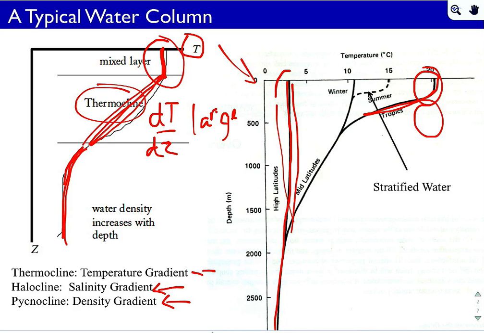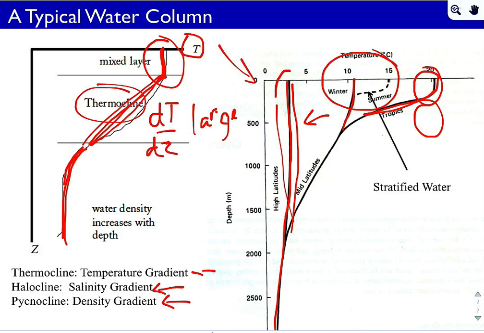And at mid-latitudes, here, we have a cycle. The water column varies over the year. During the winter, it more approximates a northern latitude water column with weaker stratification, more mixing, more uniform properties in the vertical.